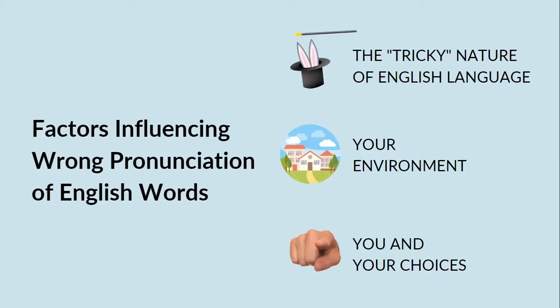You could change where you live, you could change what you watch, you could be more careful about the people you listen to. But even at that, it's not 100%. There's no 100% guarantee that you would be able to completely change things around you. But when it comes to you and your choices, there's another environment that you could completely change. You could make it exactly what you want it to be.